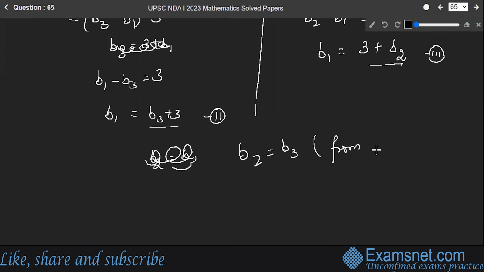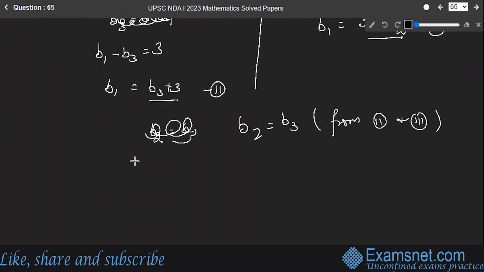So let's fill in everything which we had in the statement initially. B1 plus B2 plus B3 was equal to 9, right? And B1 was equal to B3 plus 3. B2 and B3 were equal.